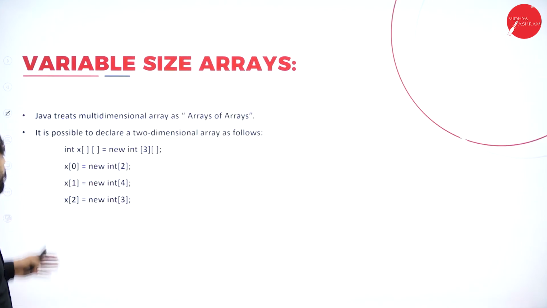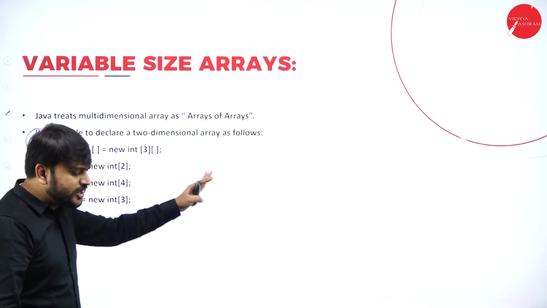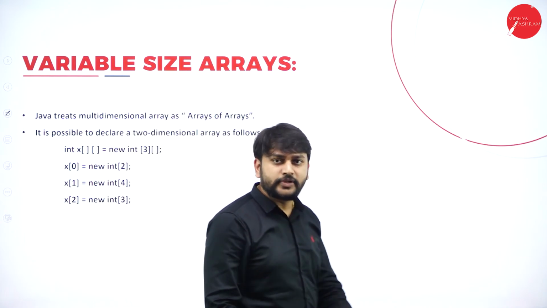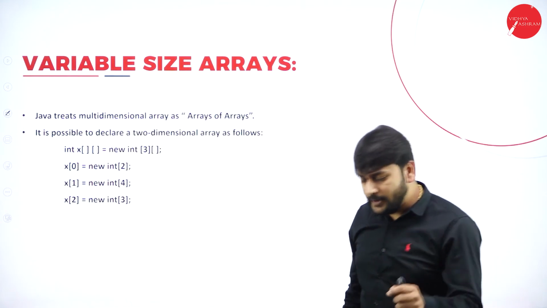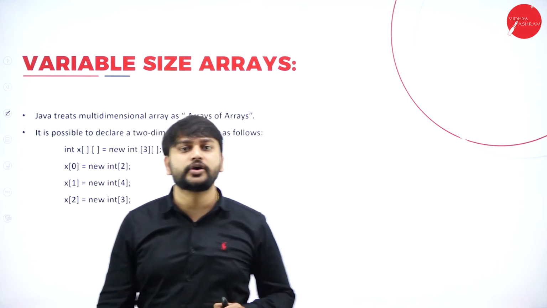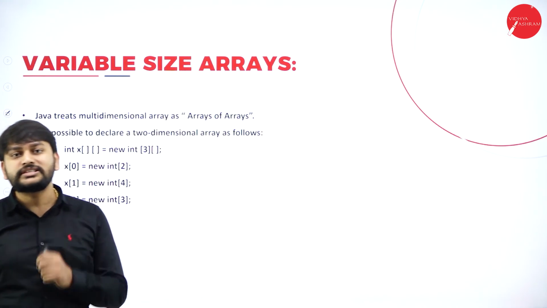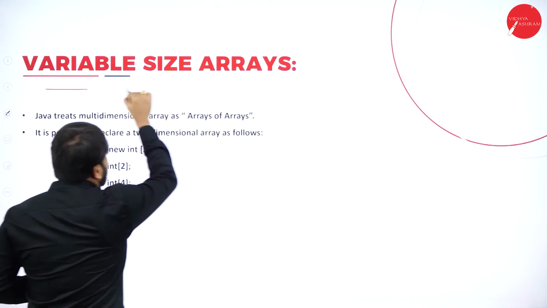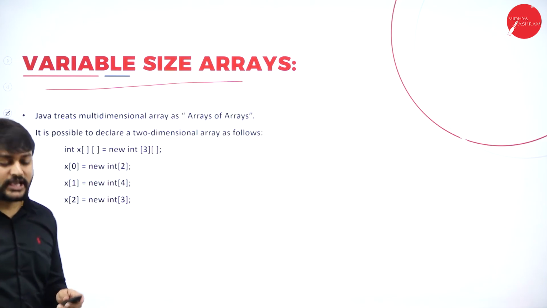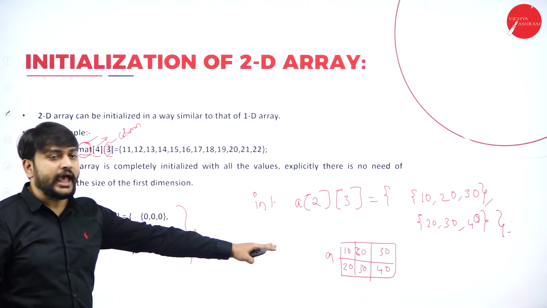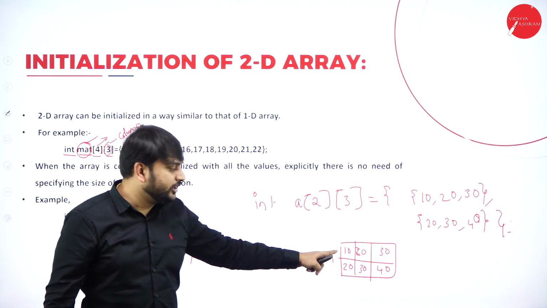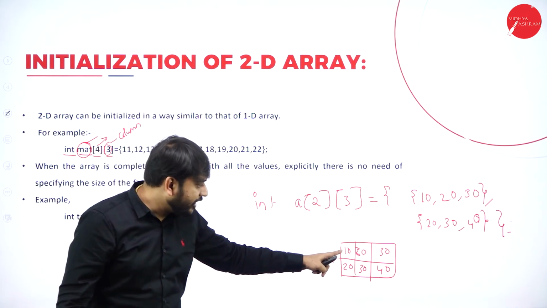Moving forward, this is a very important concept that you need to remember. What is that? Variable size array. The problem that we have is, say for example, in the first row I have 3 elements.